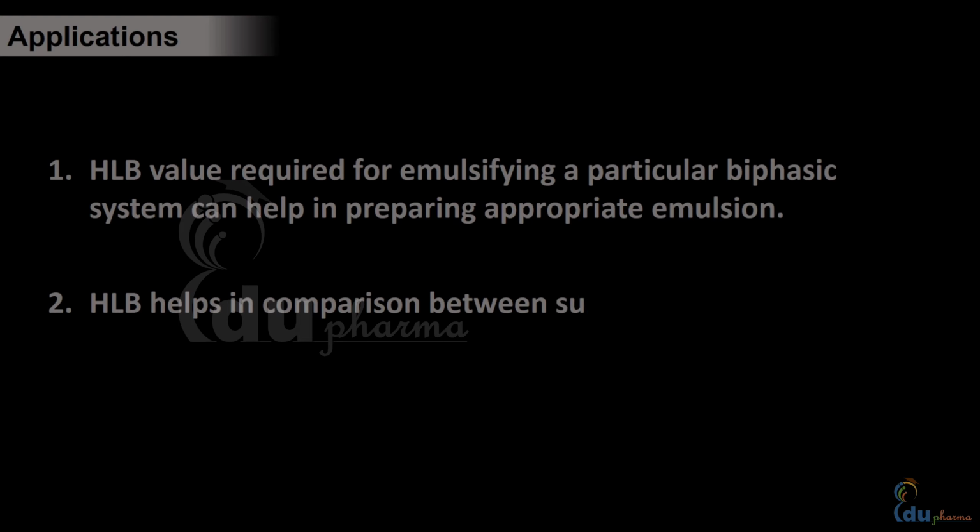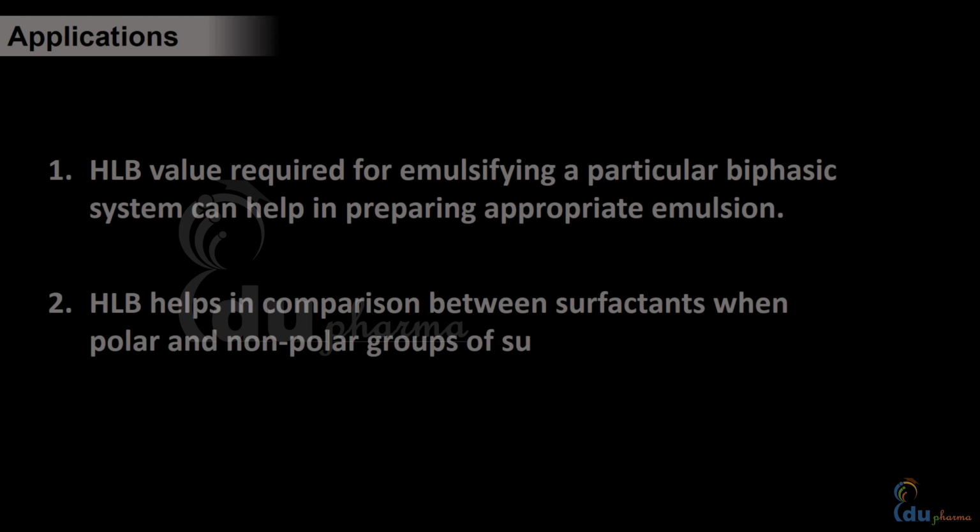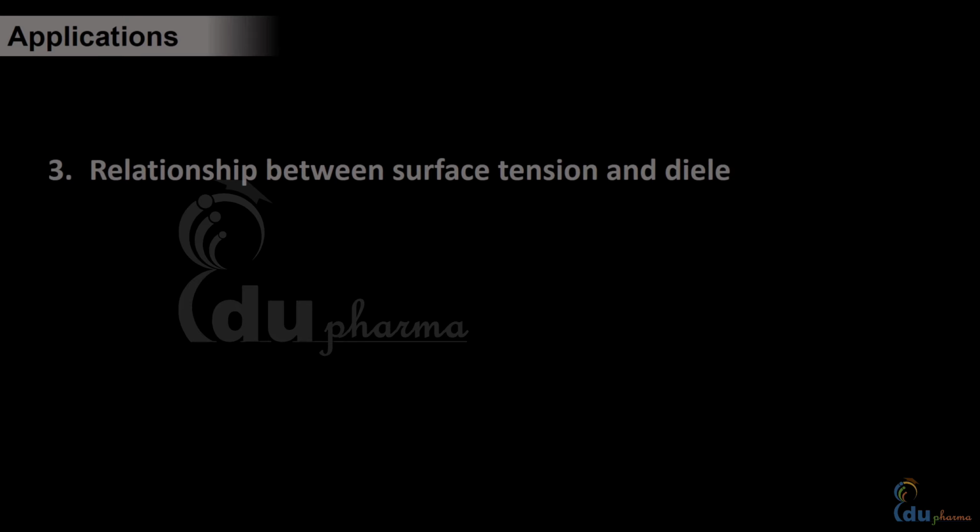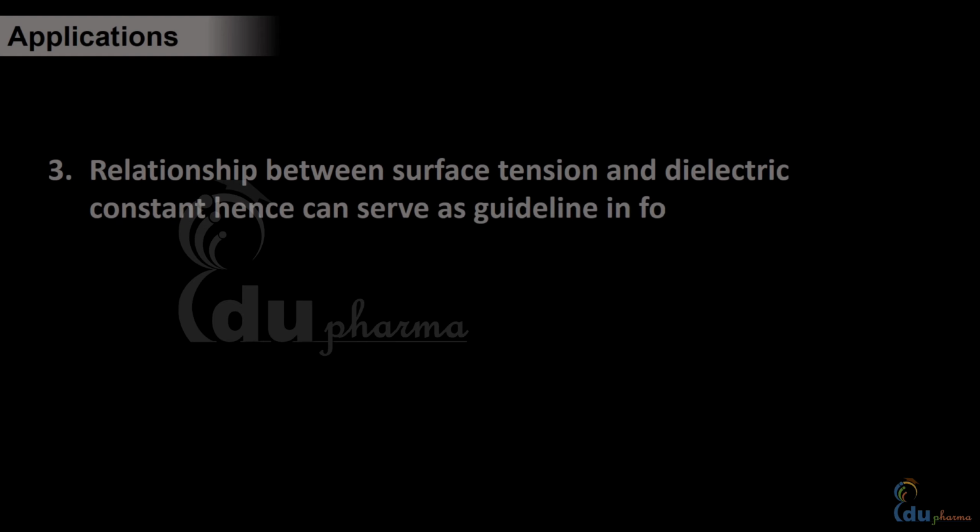It helps in comparison between surfactants when the polar and non-polar groups of surfactants are different. Next, there exists a relationship between surface tension and dielectric constant. Hence, HLB value can serve as a guideline in formulation development.